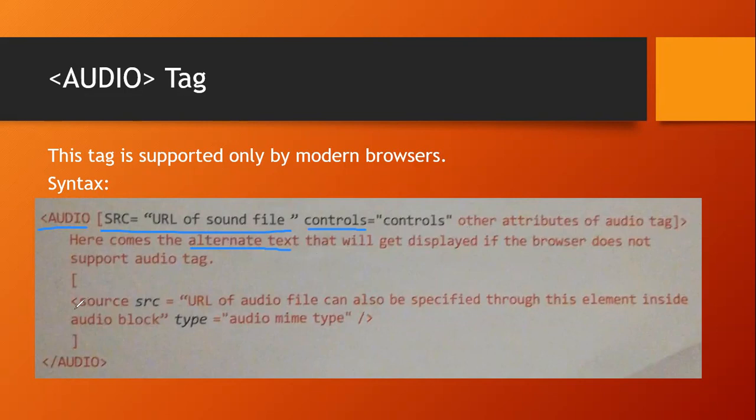Then there is one more tag called source tag, which also has an attribute called src, in which we provide a URL of audio file, and we provide type of audio file by using type attribute. This source tag is a sub tag of audio element.